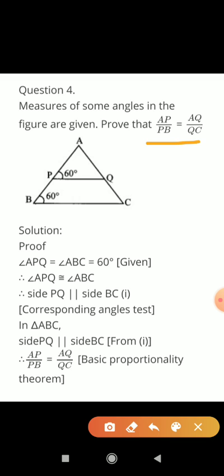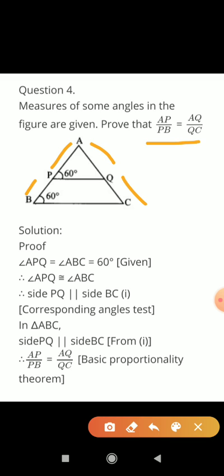As we have to prove this ratio AP upon PB is equal to AQ upon QC, we know this type of property is based on the basic proportionality theorem. So here we have to use the basic proportionality theorem.